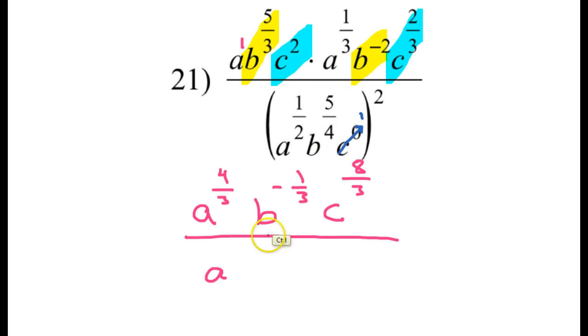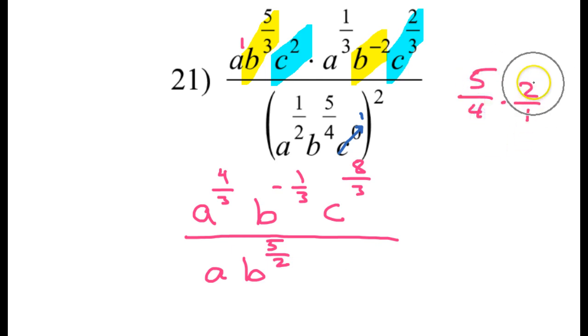Now when I do 5/4 times 2, that's going to be 5/2. Okay, and I'm multiplying. So 5 over 4 times 2 over 1. Now I look at this and go 2 goes into 4 twice, so I get 5 over 2.